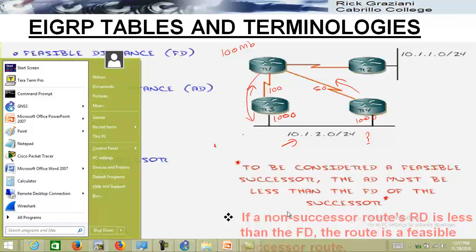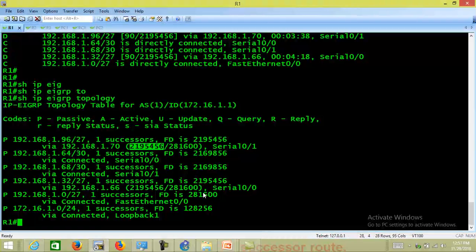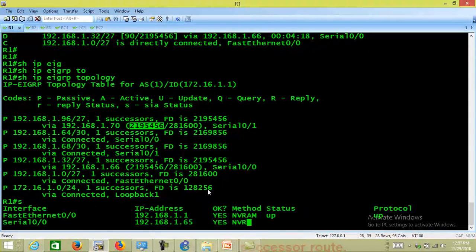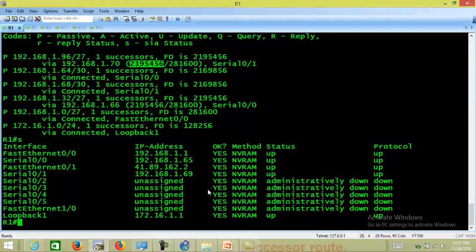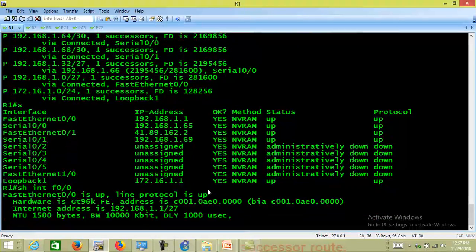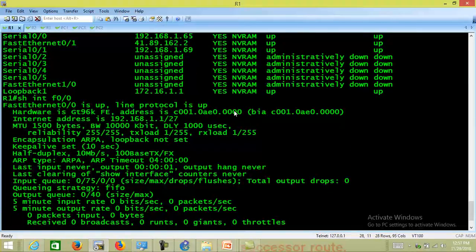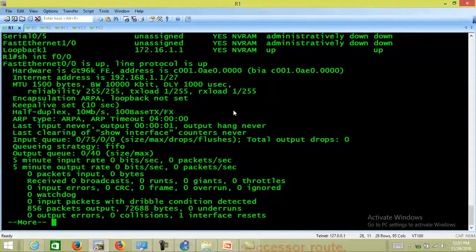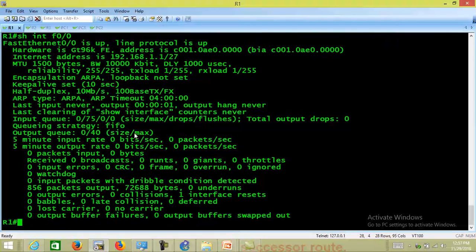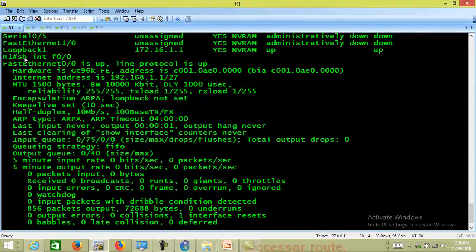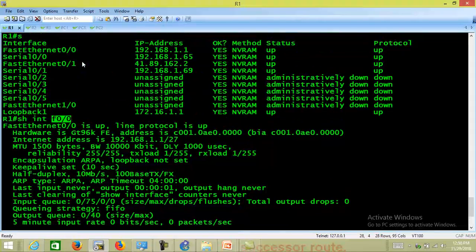To see those, if you type show interface F0/0, we've been used to typing show ip interface brief, but to zoom into one interface, you can type show interface F0/0 or whichever you want to check.